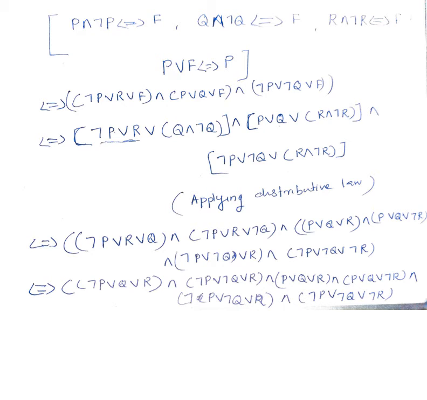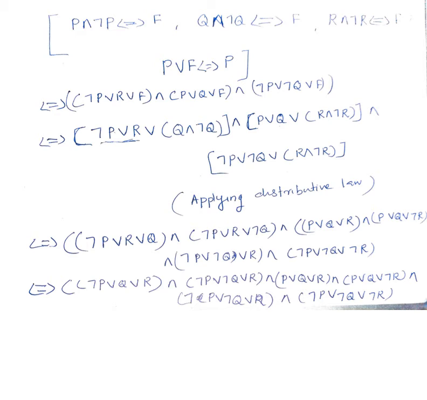Also in the third, (negation P or negation Q or R) and (negation P or negation Q or negation R). Here we get the statement in the form of a product of max terms, but there are some repeating terms.